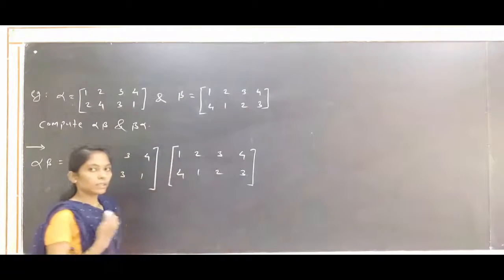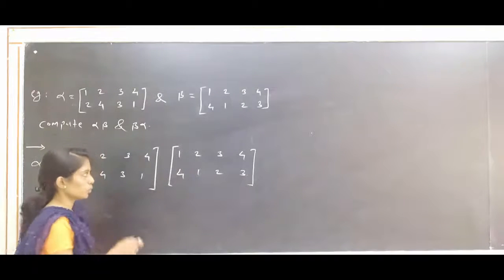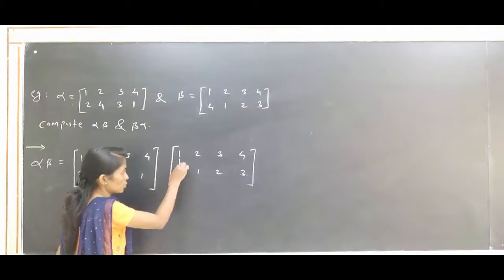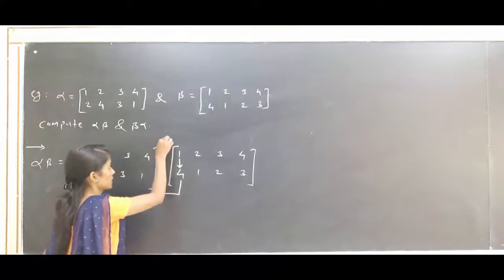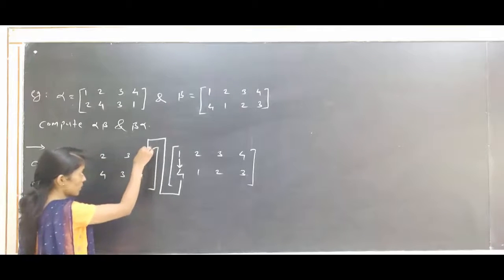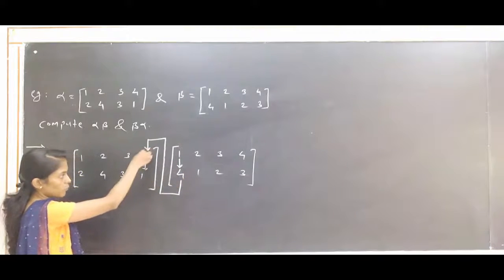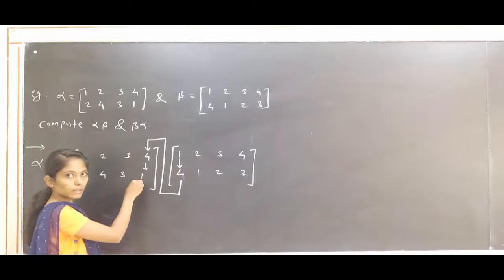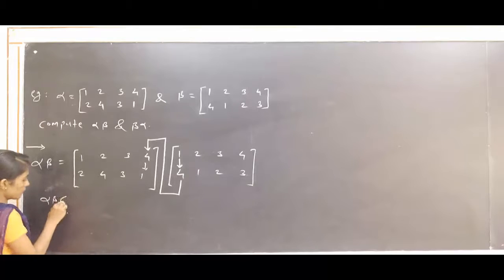Now see here, composition of permutation is carried out from right to left. So from the right side we start from 1. Now here 1 maps to 4 and then going to the left side, from top 4 maps to 1. So 1 maps to 1. So we get alpha beta of 1 equals 1.